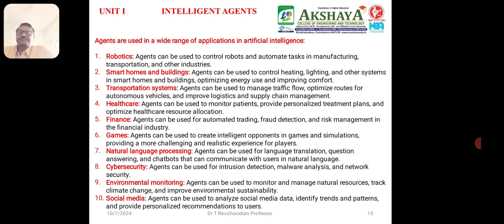Environmental monitoring: the agent can be used to monitor and manage natural resources, track climate change and improve environmental sustainability.